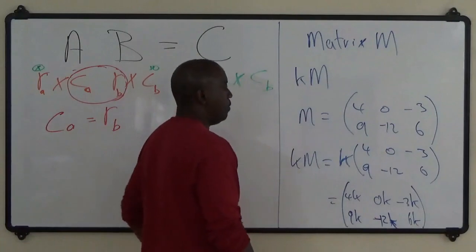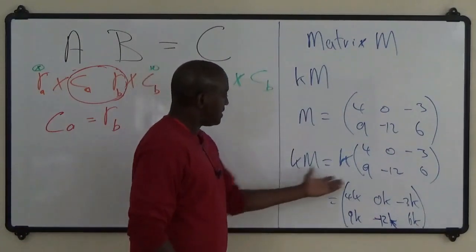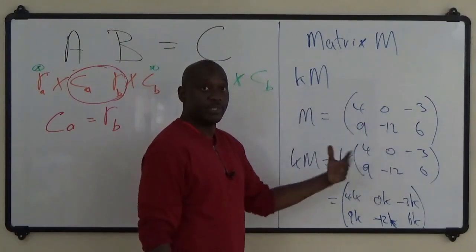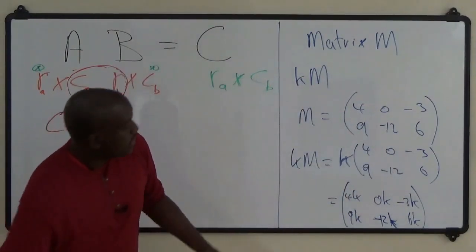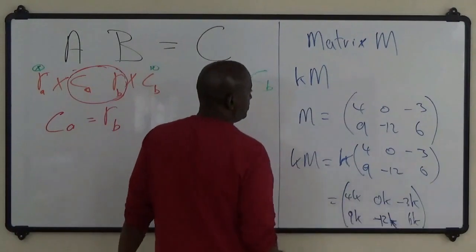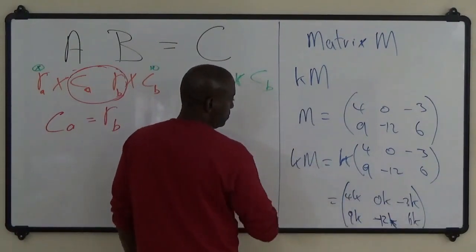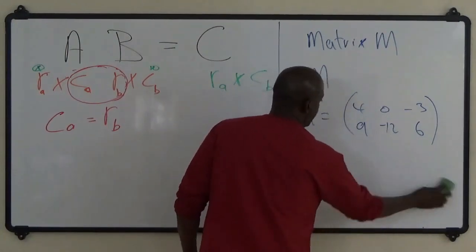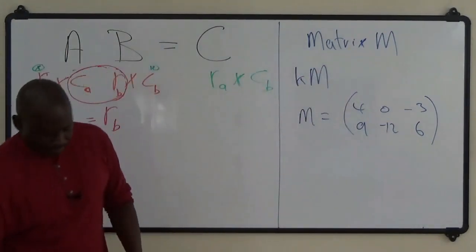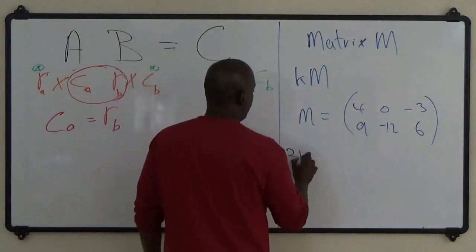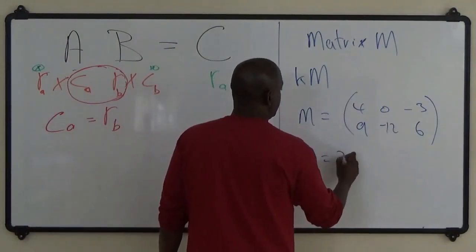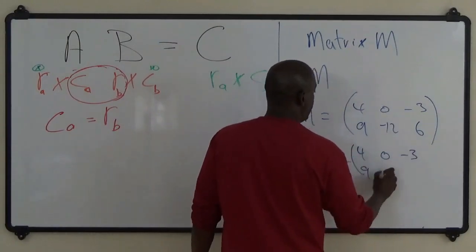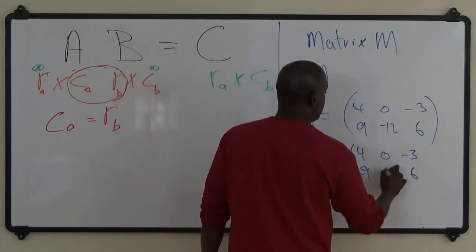Now, let us assign a value to K and use this same matrix just to demonstrate the point. If K is 2, and that is M, then we know that 2M would be 2 by 4, 0, minus 3, 9, minus 12, 6.